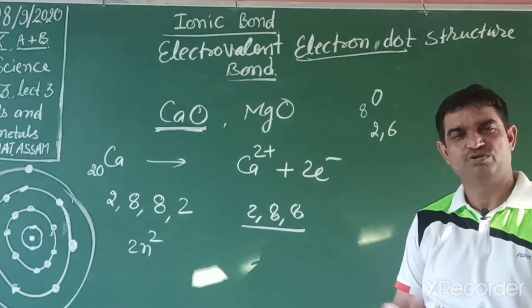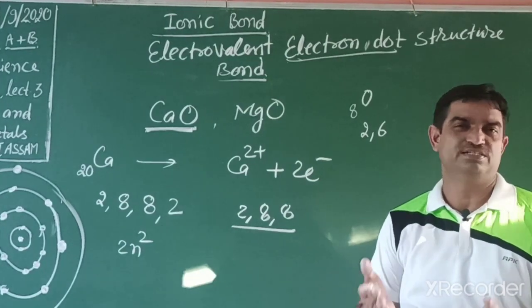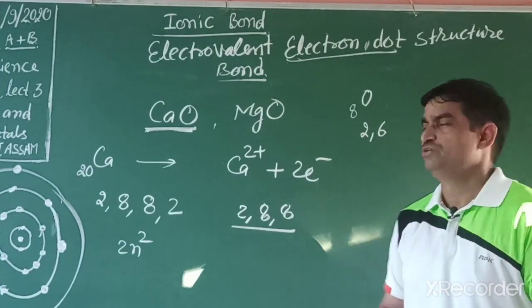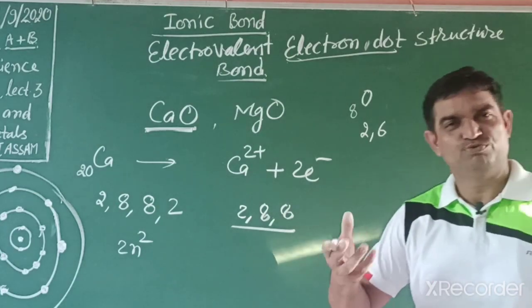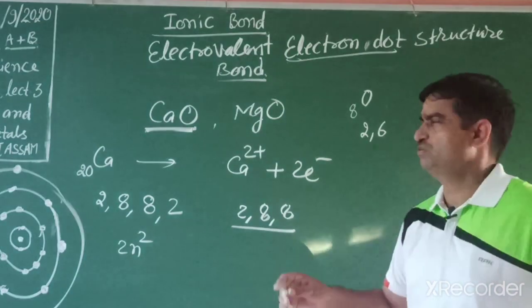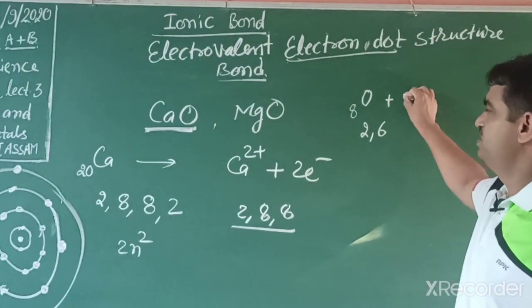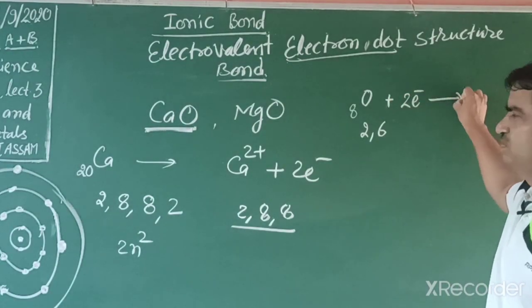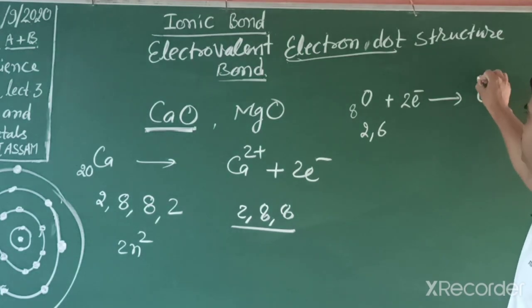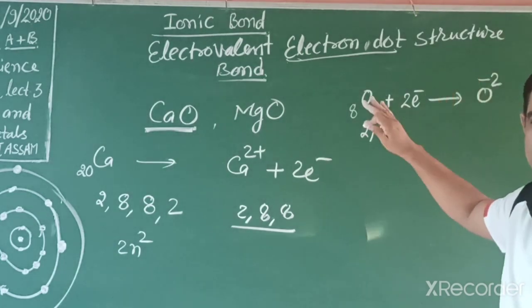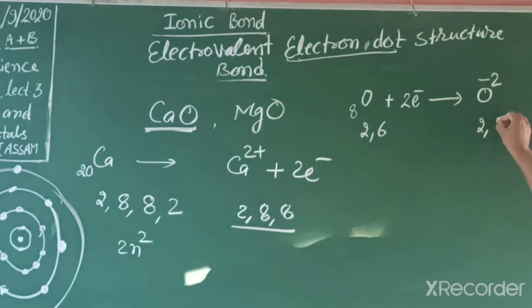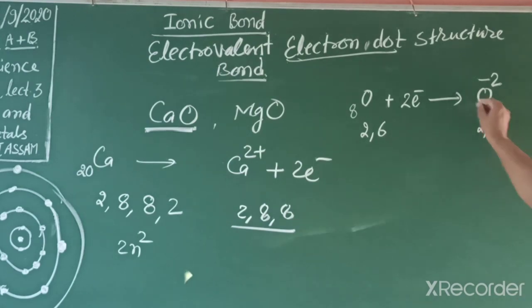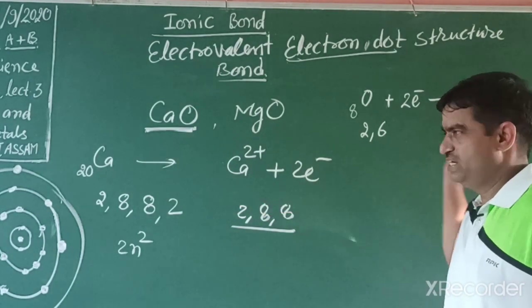To convert into the nearest noble gas, either helium or neon, it has to either lose 6 electrons or gain 2 electrons. Gaining 2 electrons is easier than losing 6 electrons. So it gains 2 electrons and converts into oxide, O 2 minus. Then its configuration is 2, 8, similar to neon. So both are stable, the calcium and oxide ions.